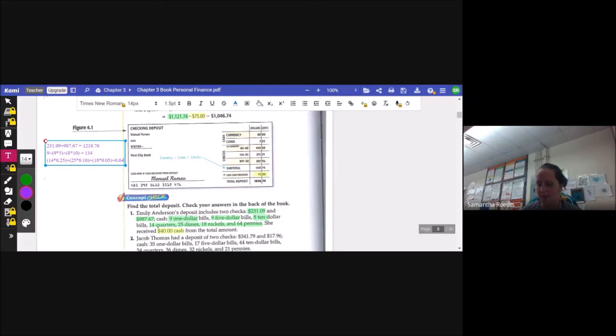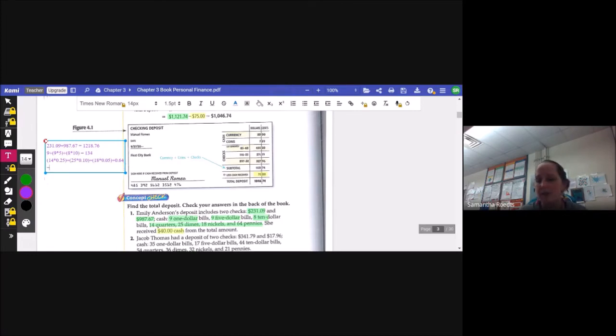So 14 times 0.25 is 350. 25 times 10 cents is 250. 18 times 5 cents is 90 cents. So 350 plus 250 plus 90 plus 64 cents is $7.